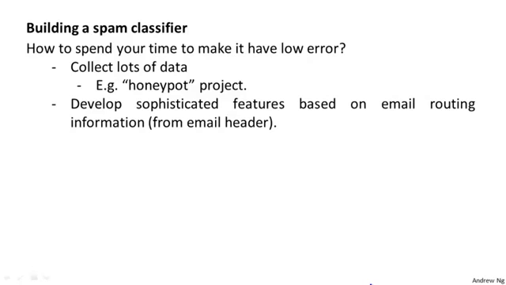And some of this information will be reflected in the email header. And so one can imagine looking at the email headers and trying to develop more sophisticated features to capture the sort of email routing information to identify if something is spam.